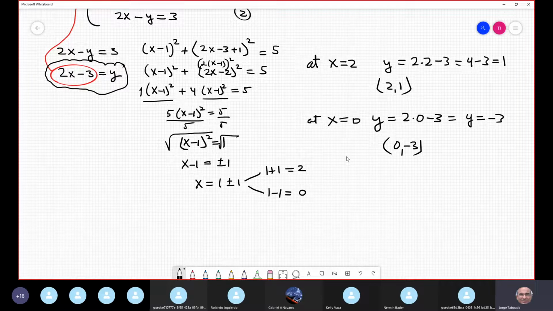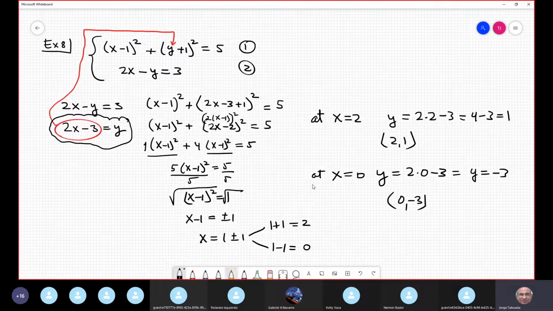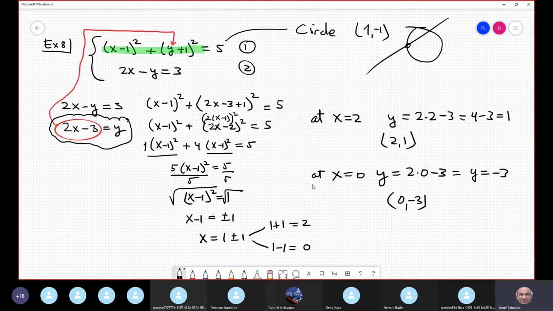See, you analyze geometrically, this equation number 1 represents a circle. This is the circle. To understand geometrically, no? And in Desmos you can see clearly. It's a circle with the center located at the point (1, negative 1). It's a circle somehow, and this line, and for a circle and line, not always, but sometimes we have two solutions.